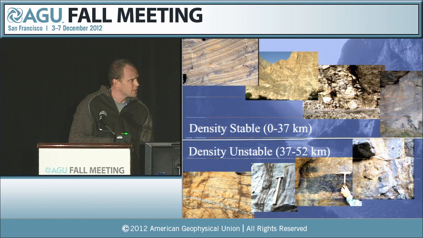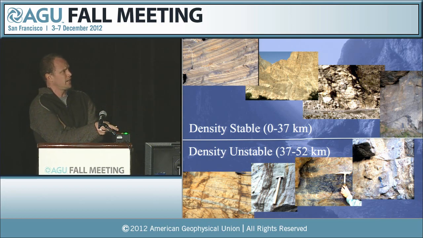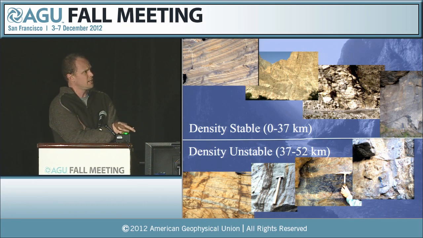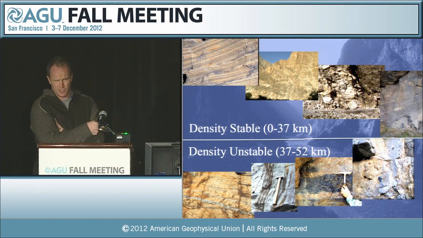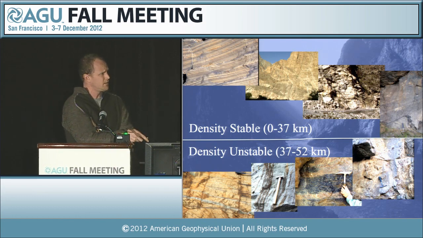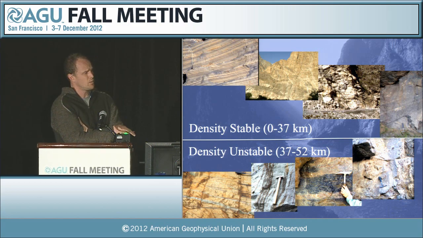So if we do this, it turns out that roughly the uppermost 40 kilometers or 37 kilometers of the arc are density stable, whereas these rocks here down there are density unstable. And we have around 10 kilometers of these rocks preserved. So we have a significant outcrop here where we have density unstable rocks preserved in Kohistan. And so we can go in the field, sample them, and measure their composition, and thereby we have some idea of the composition of the rocks that delaminate.